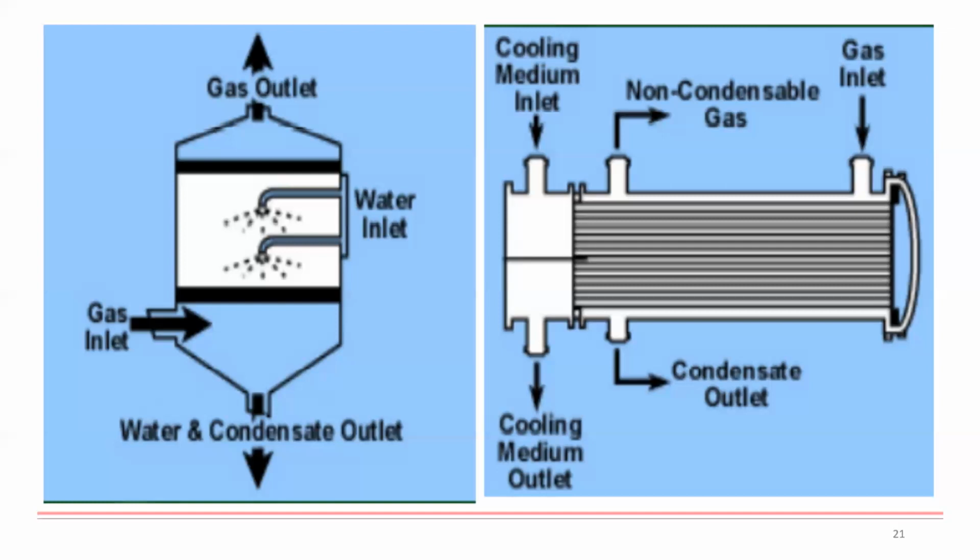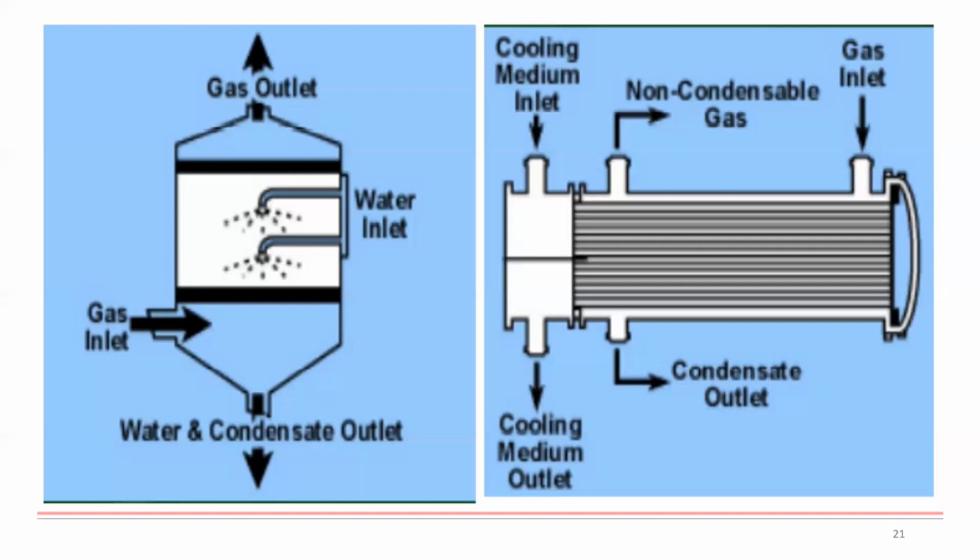That is nothing but a heat exchanger where a number of tubes can be present in one shell, that is a metallic shell, and there may be a partition, and with the help of this partition we can increase the velocity and turbulence of the cooling media as well as the gas inlets. So with the help of the heat exchange phenomena, we can condense out the different pollutants present in the gas inlets which are condensable.